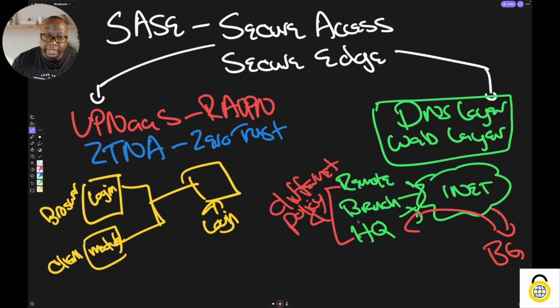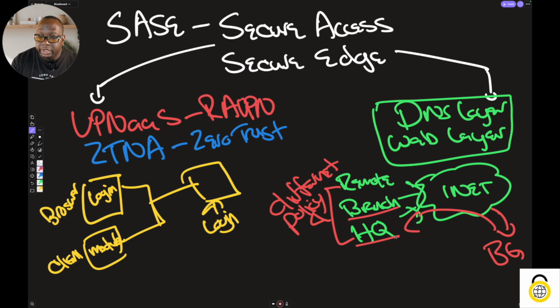Once they're in, they can pretty much pivot. Remote, not so much, unless they use remote access VPN, then they can pivot from the remote machine into your internal network. But if somebody in the branch or the HQ is compromised, they can pivot from whatever network that compromised machine is connected to.